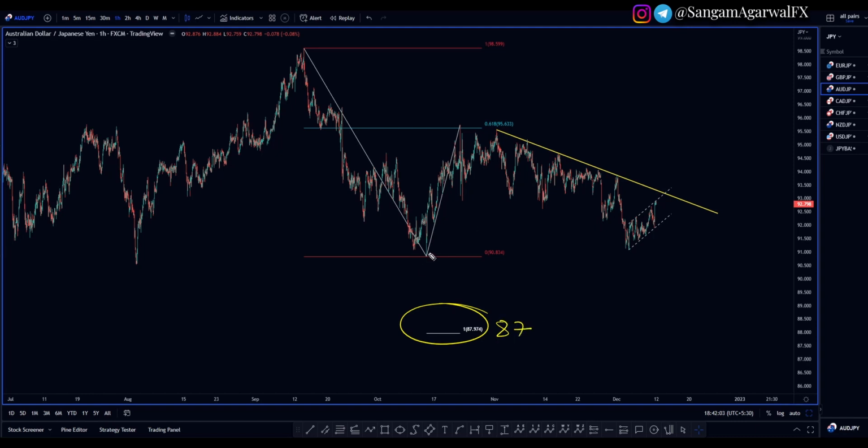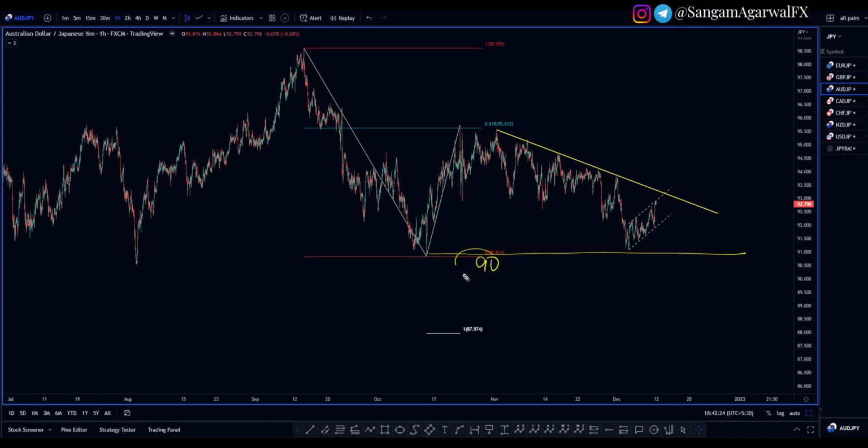But before that we need to break this 90 level, then you can sell up to 87. In that bearish setup, you can call it wave A, wave B, then targeting wave C.